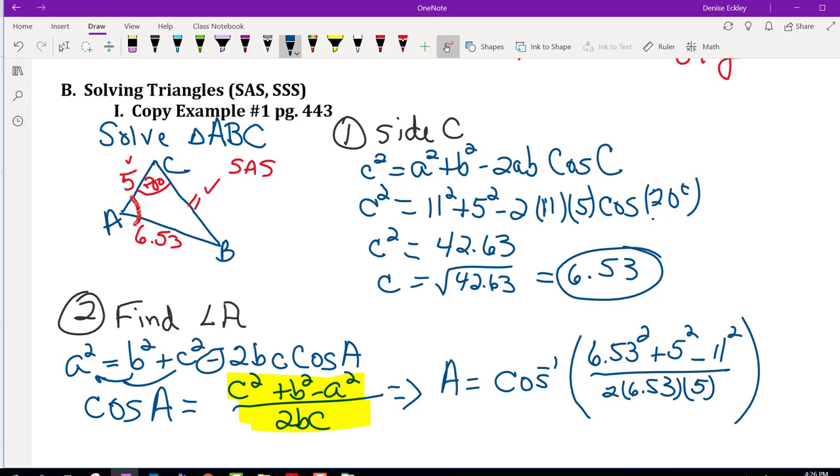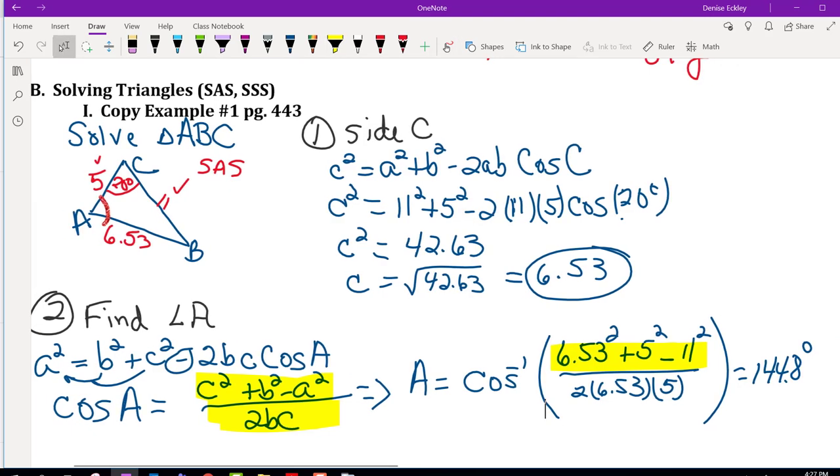And I'll just put that in my calculator just like that, and I get that angle A is equal to 144.8 degrees. I know the numerator will be negative, so if I'm taking the inverse cosine of a negative, it'll be an obtuse angle, because cosine is negative in the second quadrant. Let me be careful here, make sure you guys can see that number. I keep running to the edge of my screen.